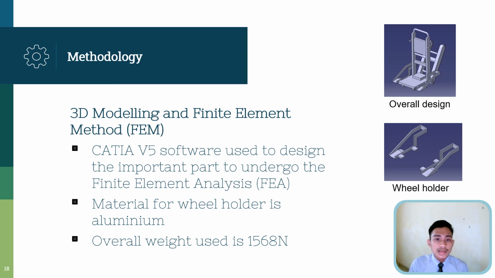Lastly, 3D modeling and the finite element method. The wheel holder is one of the critical structural parts of the whole design. The weight of the wheelchair and the rider relies on this part as it holds the bottom part of the wheelchair. The material used for the wheel holder is aluminium.